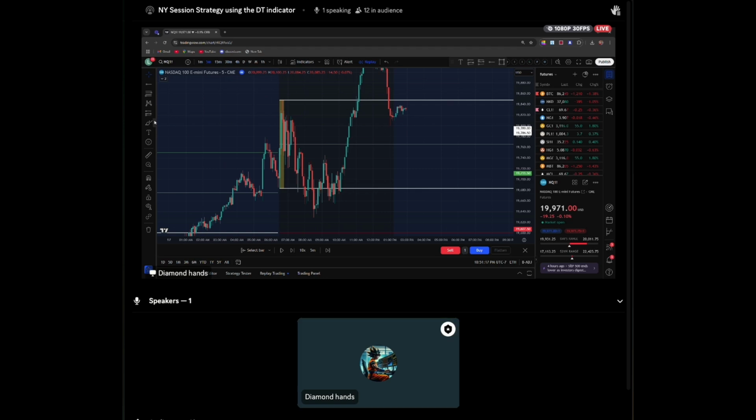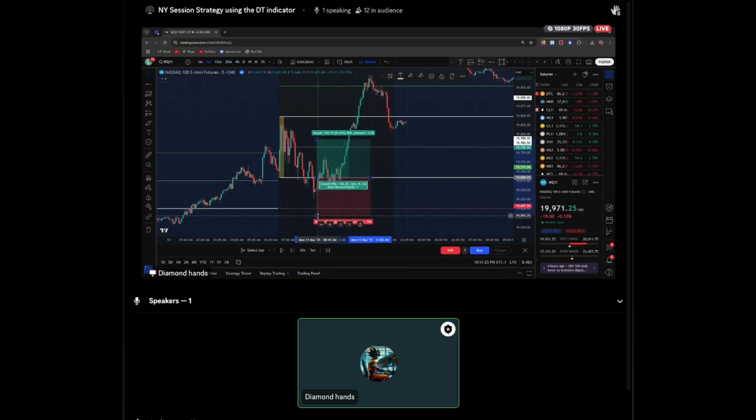So in this case, we go long from this area right there. Obviously, this is about 300, so maybe the low of the candle right there, that's 200. At least you're going to make 320 and 600 ticks right there.